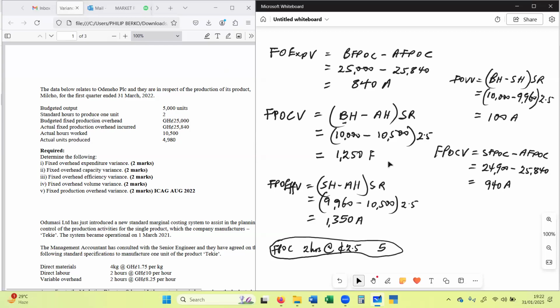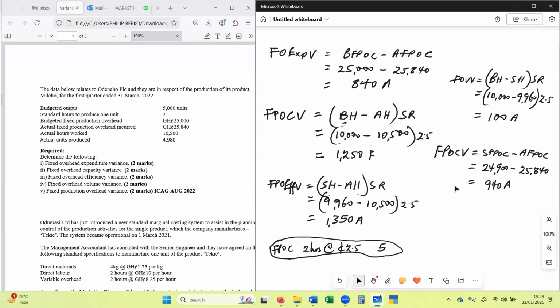So now we know that volume is made up of capacity and efficiency, right? If you net this up, you get 100 adverse, because the volume is made up of capacity and efficiency.